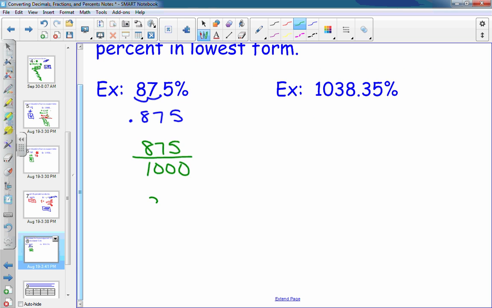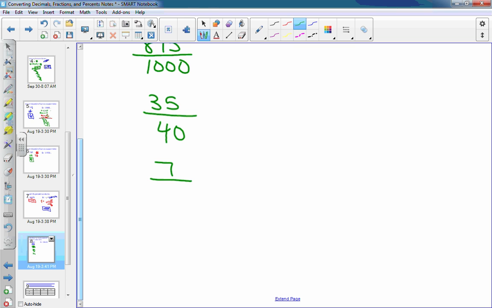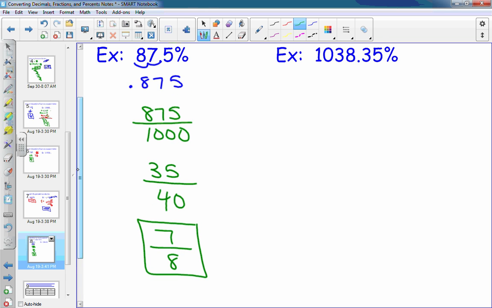And what is 1,000 divided by 25? 40. Is that a number that you can think easily now in? Yes. What are those both divisible by now? 5. So what does this reduce down to? If I take 35 and divide it by 5, that gives me 7. If I take 40 and divide it by 5, it gives me 8. So 7/8 is correct. Okay?